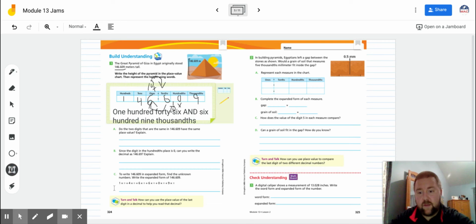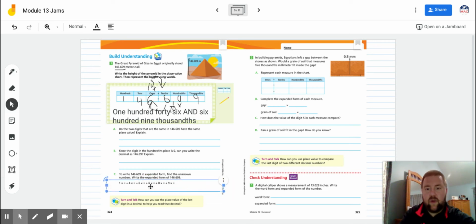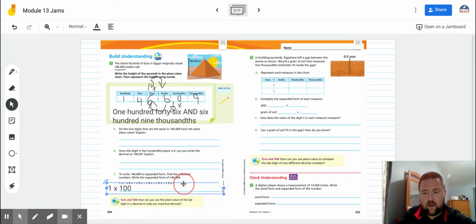So I'm going to type this answer out because it's going to be a little bit longer. Okay, so we have the 1 is the digit, and we're multiplying it by the place, which is the hundreds place. Now, I like to put that in parentheses so that I know that they go together.